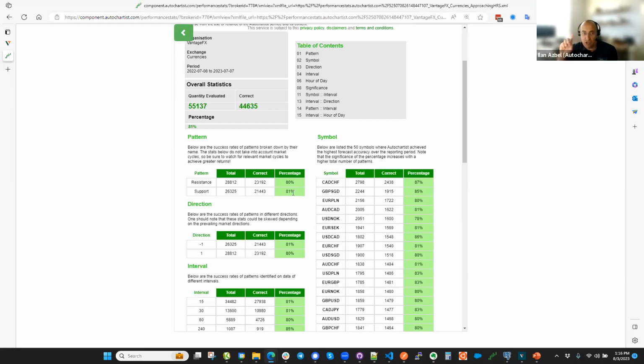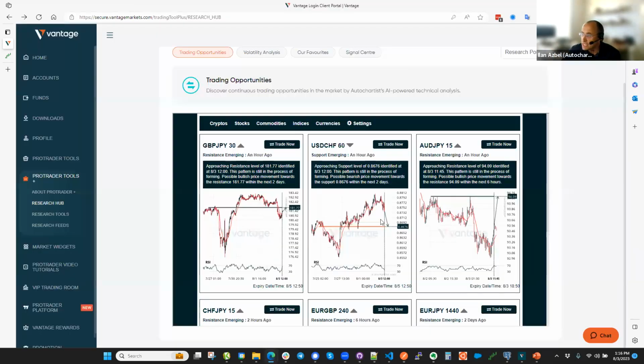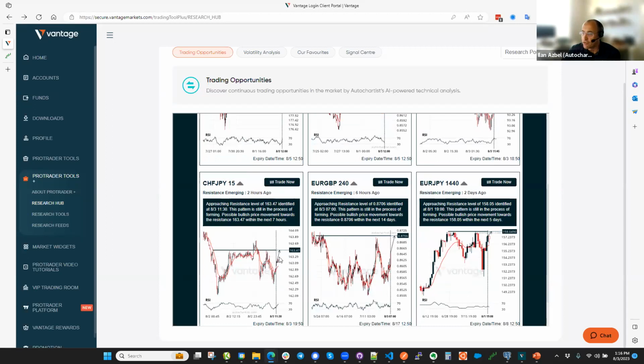But before you think you're going to run off and become a gazillionaire, I want to point out something very important, which I sometimes think really skews these stats a little bit. And that is the fact that on these emerging key levels, the price sometimes is very, very close to the level. Okay, so there isn't a lot of room to move.